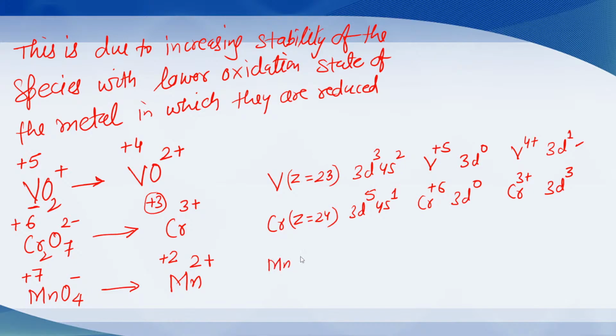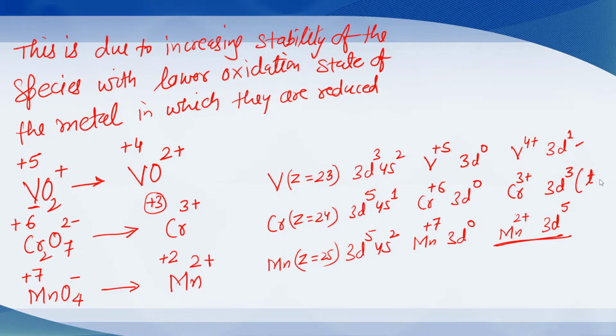Mn, 25, it is 3d5 4s2. So Mn +7 is 3d0, and Mn 2+ it is 3d5. So this one is exactly half filled.